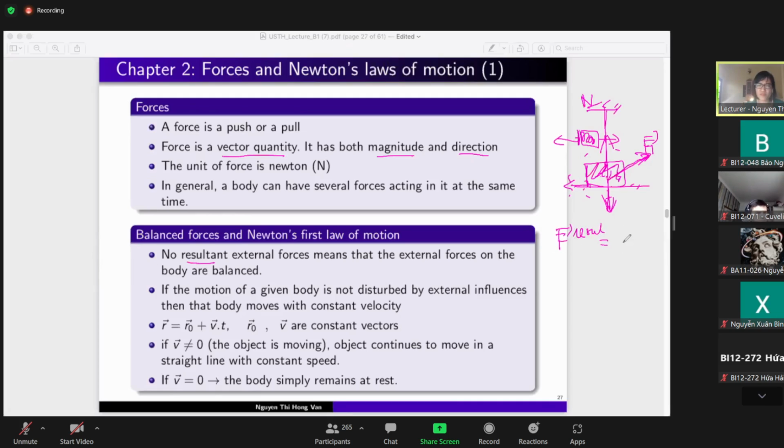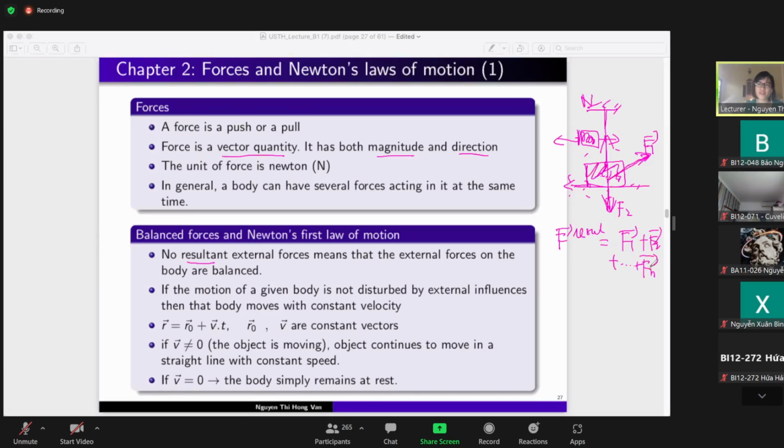Resultant force, you make the sum of all the forces, F1, F2, Fn, sum over all external forces acting on the body. The name is resultant external force.